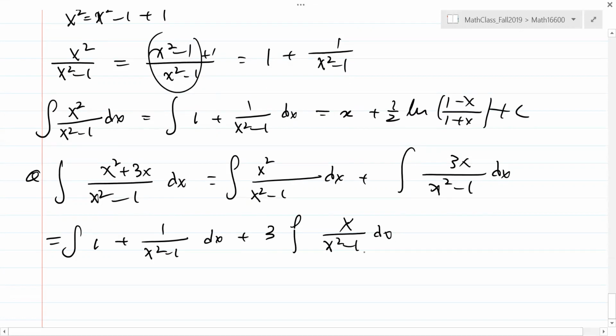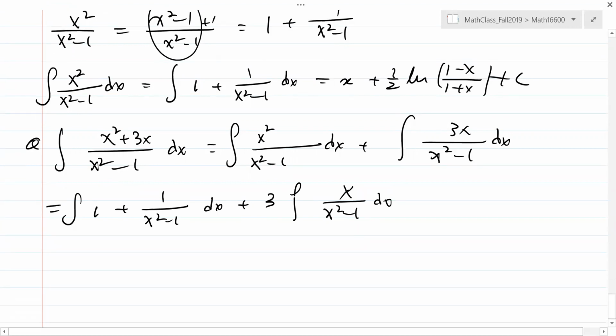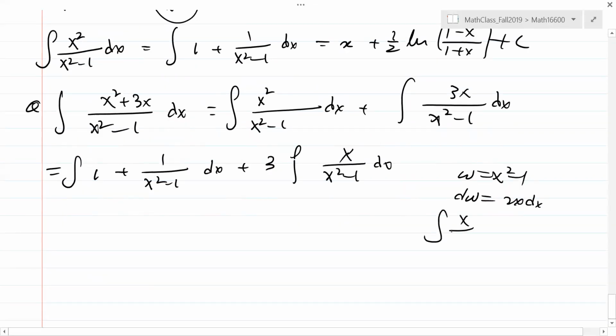Okay, this part you have to use substitution, the last part. The first part you already know the answer. So here you have to use a substitution, w equal to x squared minus 1, dw equals 2x dx. Okay, so the integral of x over x squared minus 1 dx is going to be half of the integral of dw over w, which is going to be half of the natural log of the absolute value of w plus constant.